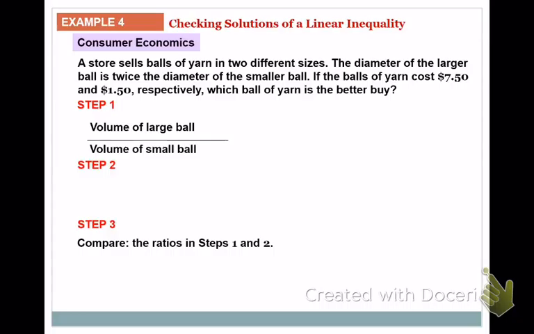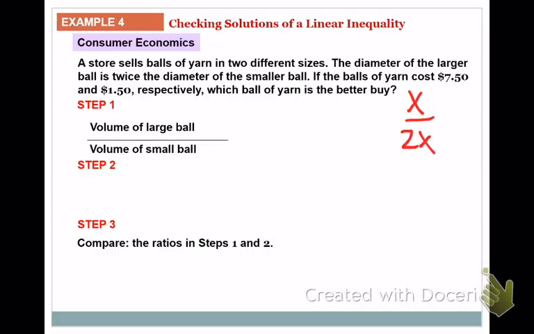So if the diameter of the larger ball is twice the diameter of the smaller ball, then the scale factor is going to be x over 2x.